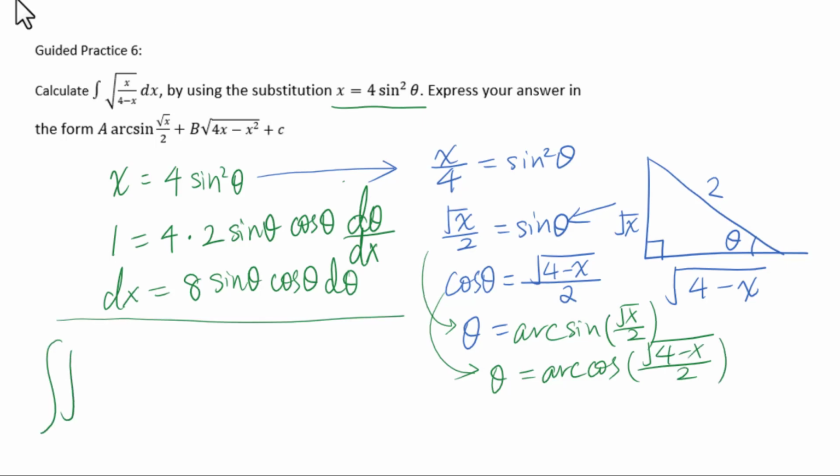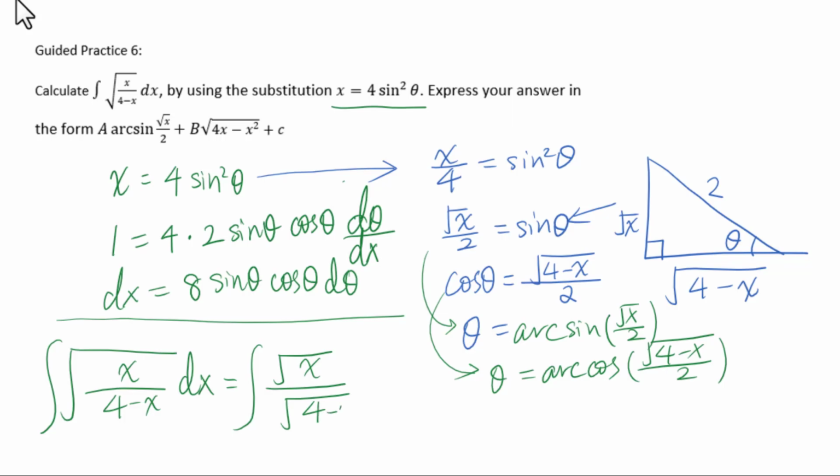So for the integral of square root of x over 4 minus x dx, we can separate it into the integral of square root of x over square root of 4 minus x dx.